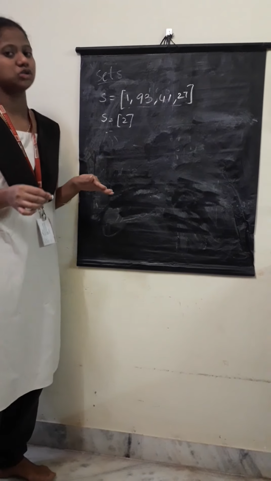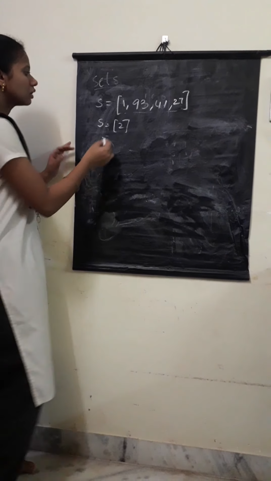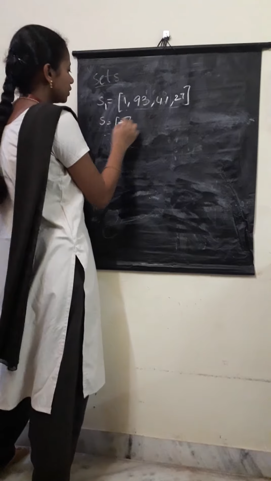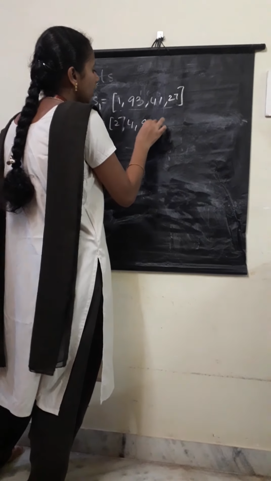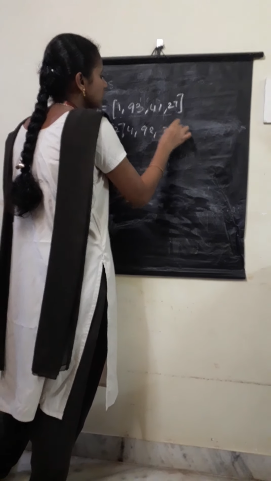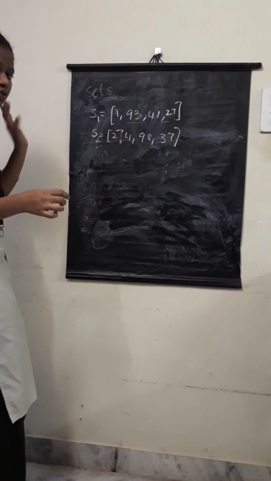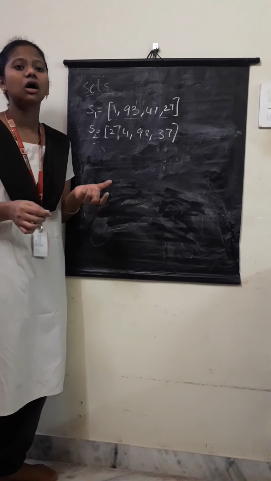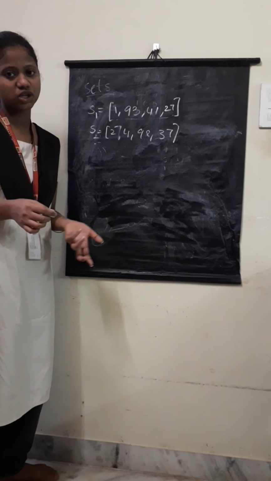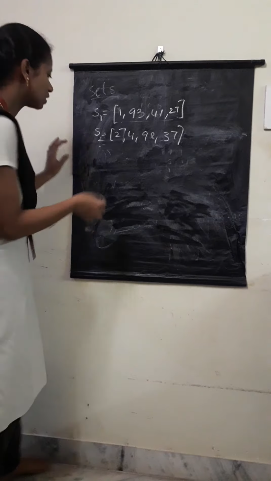Suppose this is S1, and S2 equals 2, 4, 98, 37. We can perform different functions such as intersection, union and subtraction on sets.